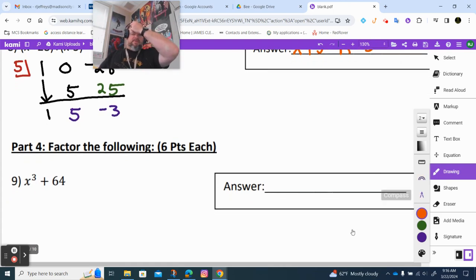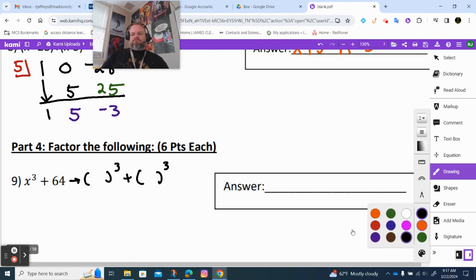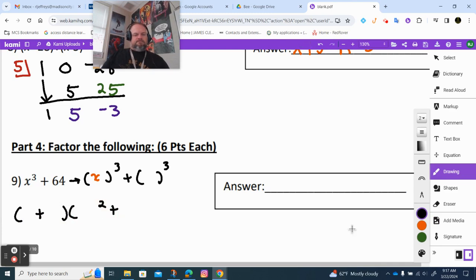All right. On this one, my X should be my A. My cleanup.